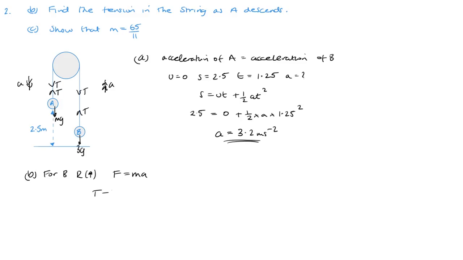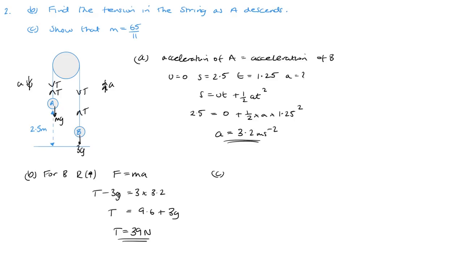So that's T minus 3g equals 3 times 3.2. So 3.2 times 3 is going to be 9.6, plus the 3g is going to give me that T is 39 newtons.